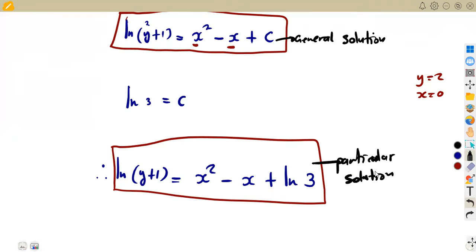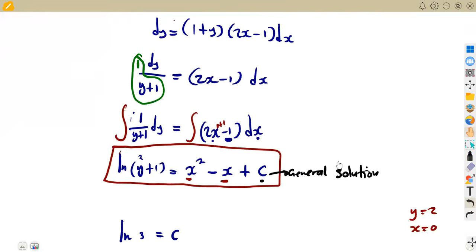This is where you have determined the value of the constant. Our constant here, which was C on the general solution, we have a constant, but on the particular solution, you have the numerical value to that constant that you are given. So here, that was the idea.